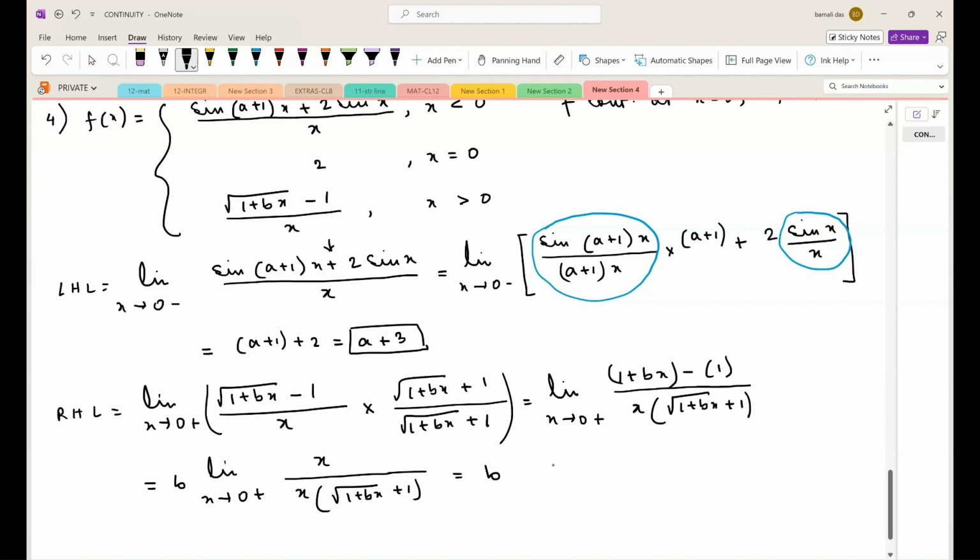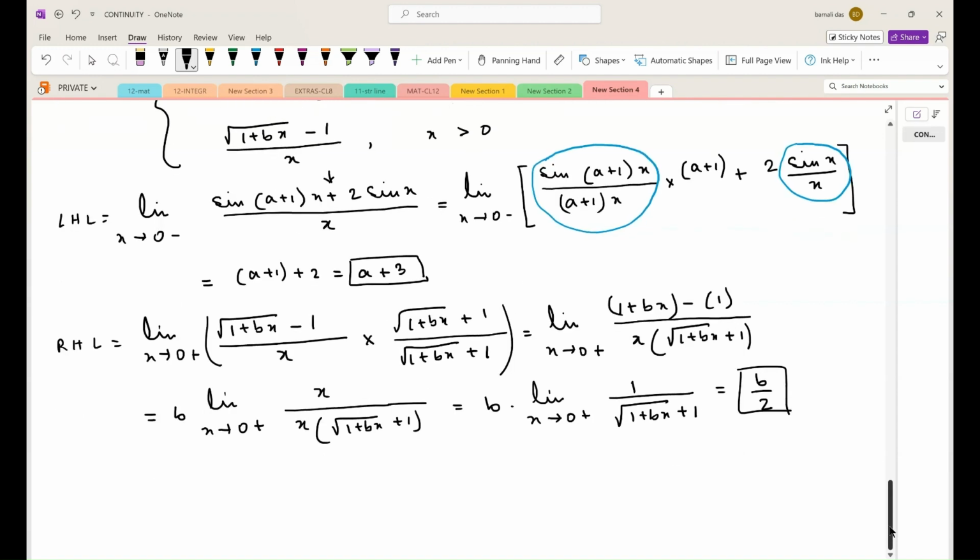So you have finally b limit x tends to 0 plus 1 by √(1+bx) plus 1. So now if you put the value 0, this is equal to b by 2, right? b by 2. So this is my right hand limit.